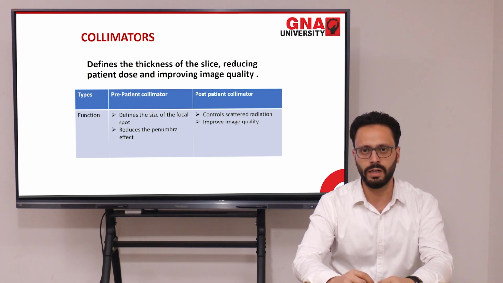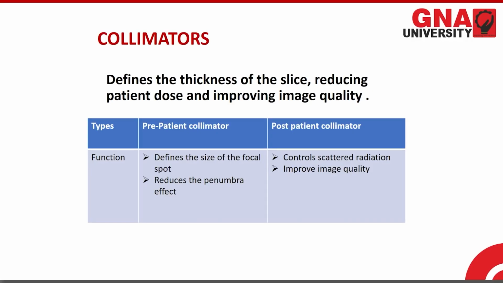The next component of the imaging system is known as collimators. Collimators define the thickness of the slice, reduce the patient radiation dose and improve the image quality. In case of CT, we use two types of collimators.